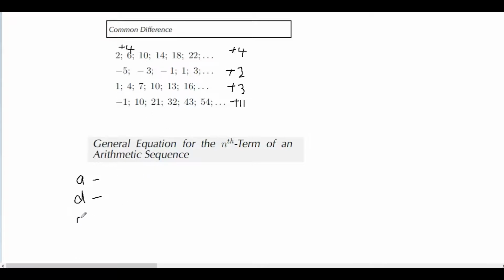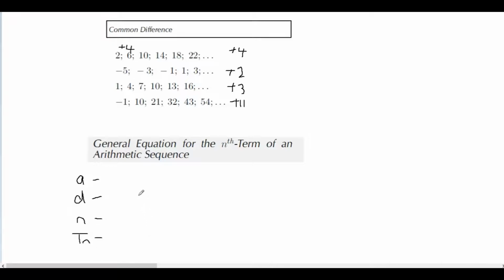And n would be our term number. So we see in this first one, this would be term number 1, 2, 3, 4, 5, and 6. And then of course we have our Tn, which is the value at the nth term.